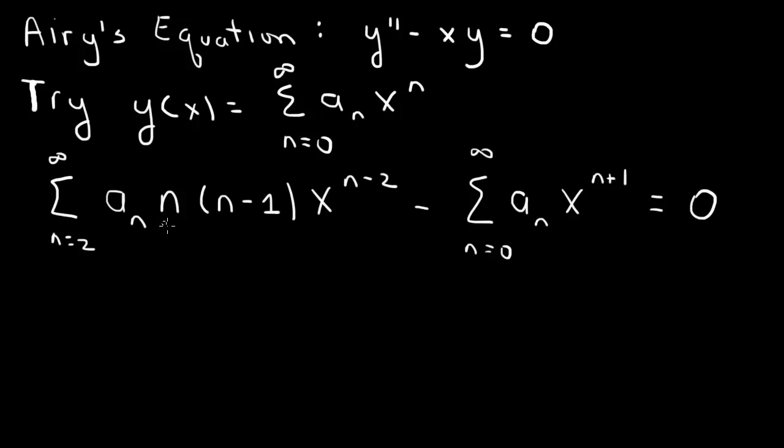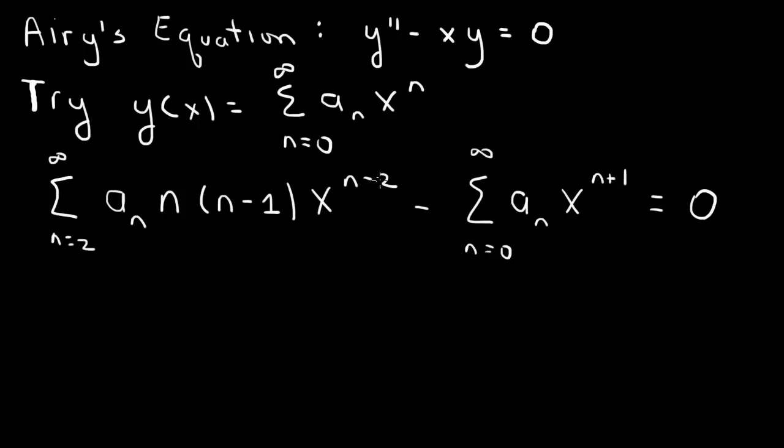Okay, now to proceed to find the series solution, we need to write these two power series as a single power series. And to do that, we need to match these powers of x. So this is x to the n minus 2. This is x to the n plus 1. So we can match it at different values of exponent here.